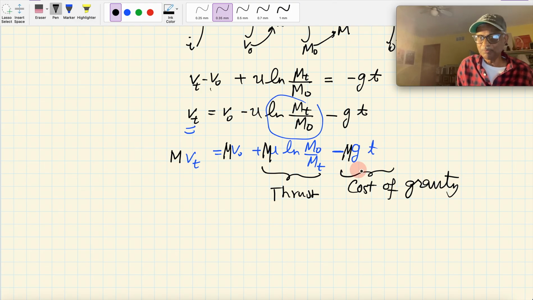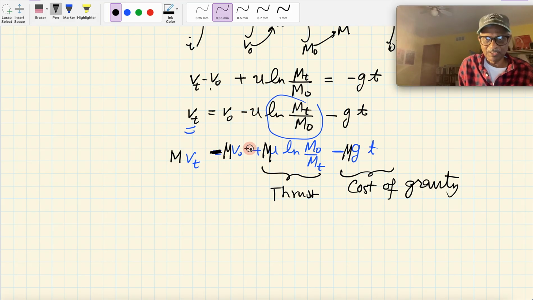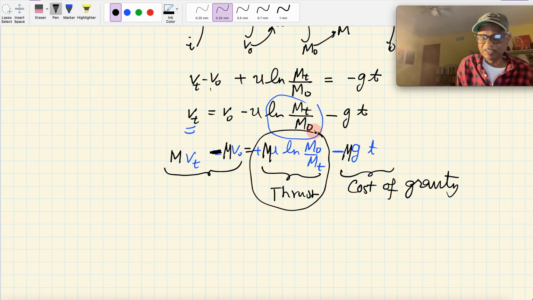So you have to pay this much to overcome the gravity, and so you can just bring this on the left side to say, to have this momentum change, you have to provide this much thrust and more.